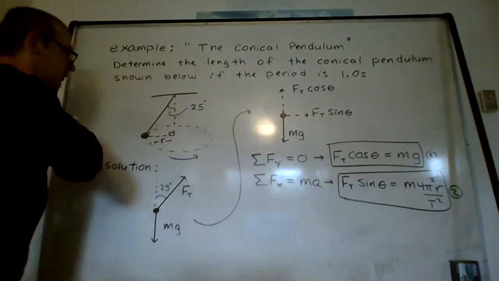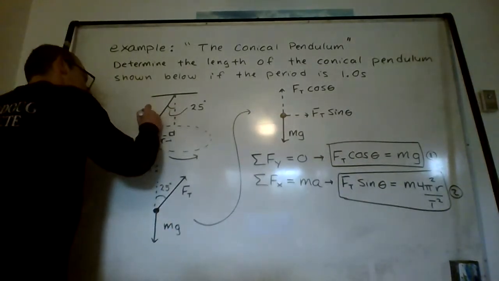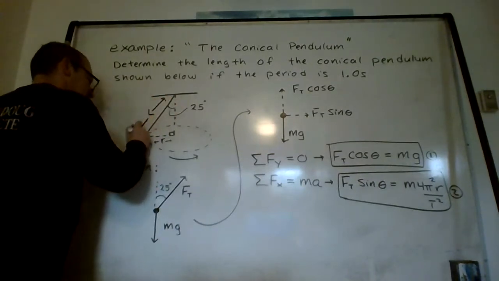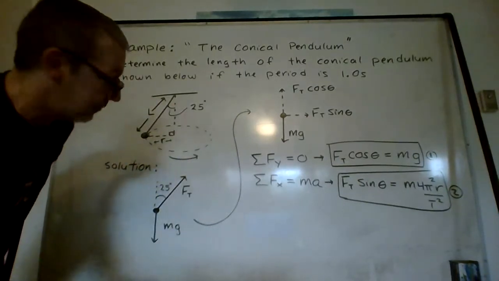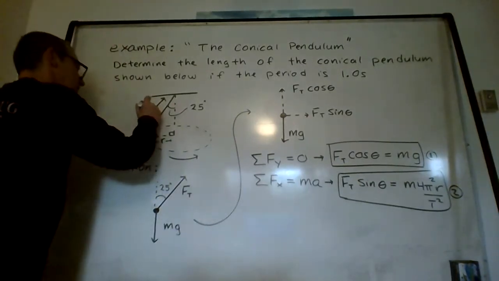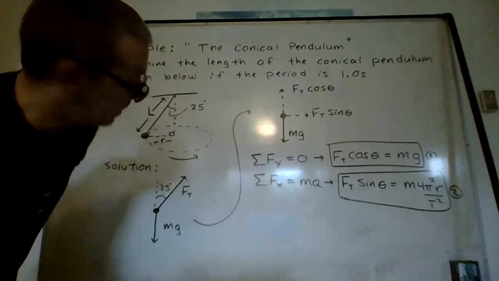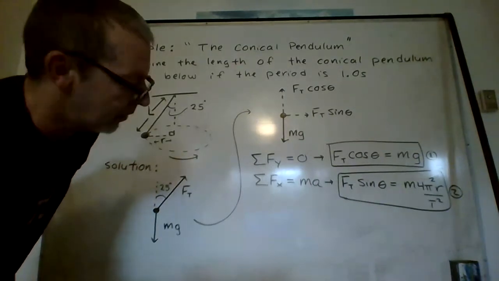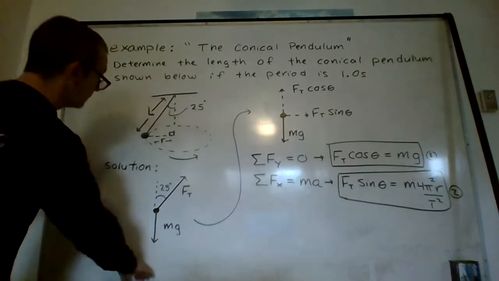The length of the pendulum, if I go back to my original diagram over here, L is right here. That's my unknown. And again, at the end, after I get the radius of the circle that the pendulum is on, I'll be able to relate the radius and the length with a right angle triangle. Okay, so let's do some math, and we'll finish this off.